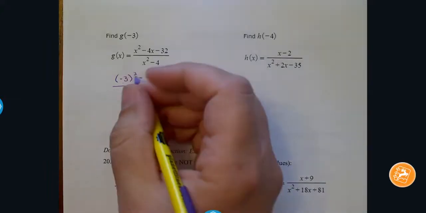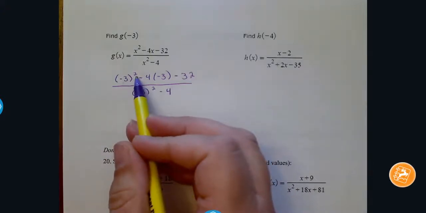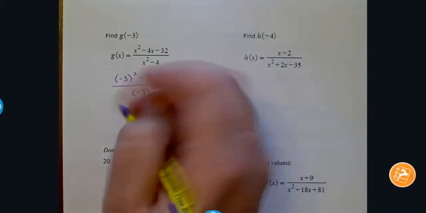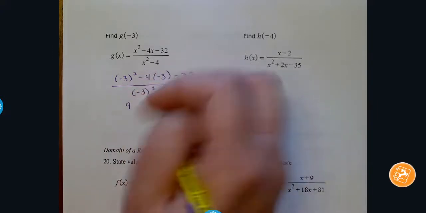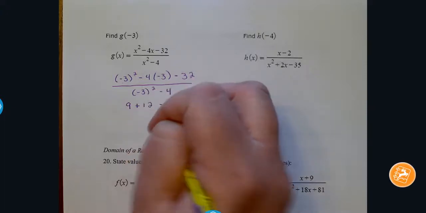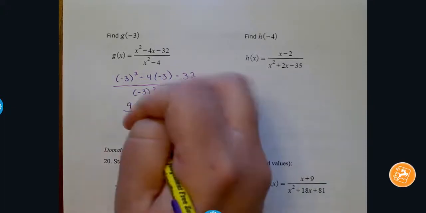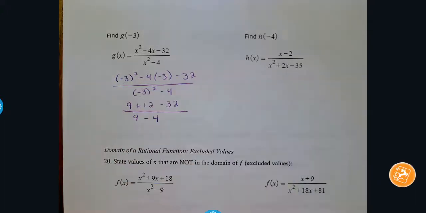So -3 squared. Remember, a negative squared is a positive, so that's going to be 9. Now, -4 times -3 is positive 12 minus 32. And then -3 squared is 9, and we have 9 minus 4.